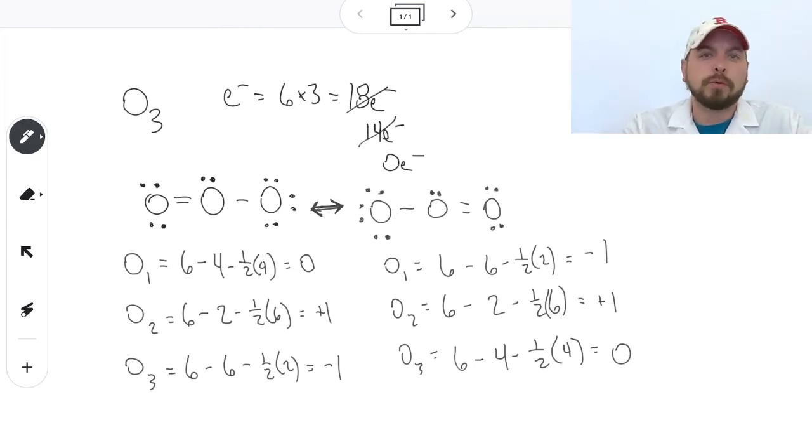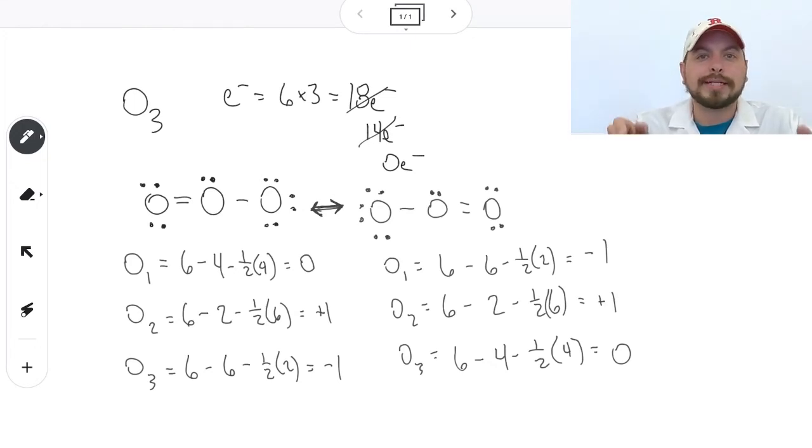But here's the thing about formal charge. It's not a linear effect. Going from -1 to -1/2 is a much bigger difference than going from 0 to -1/2. So in the end, averaging a lower value, in this case -1/2 for each of the two oxygens on the sides, is going to be better than one of them being 0 and one of them being -1.